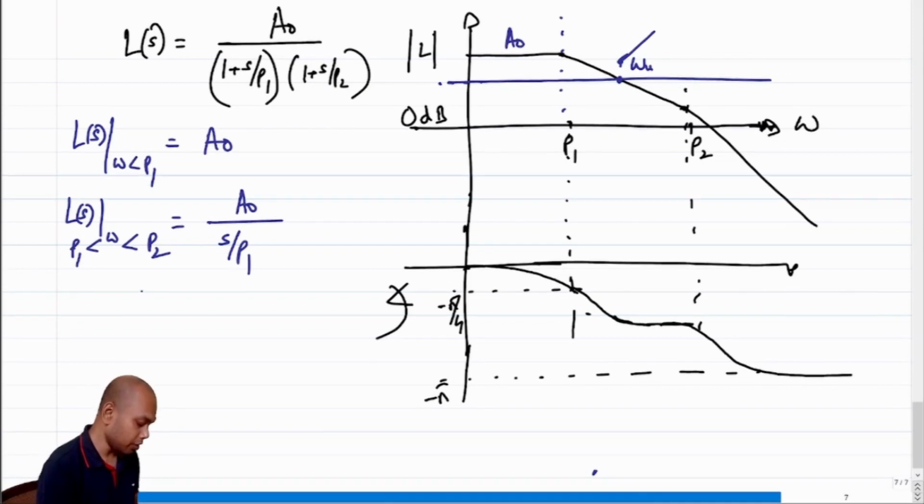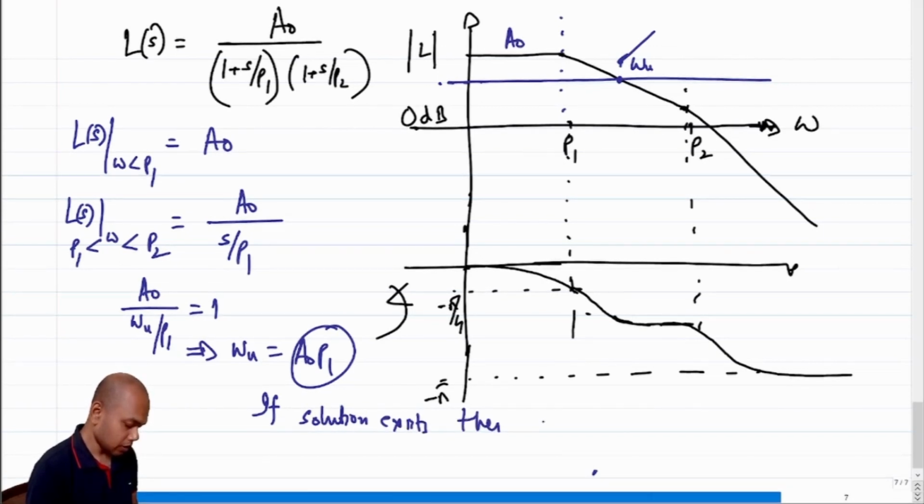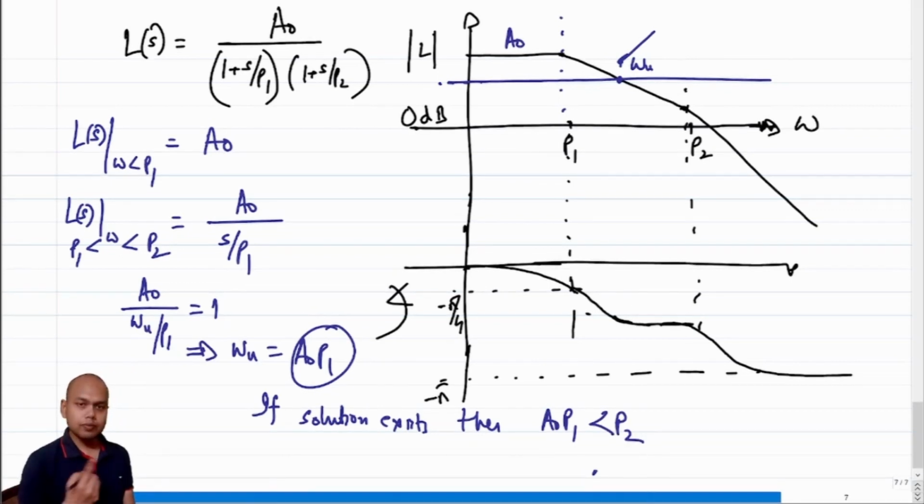I should be able to equate A naught by omega U by P1 to 1, and I should get a solution of this omega U which is equal to A naught P1, and if the solution exists, then A naught P1 will end up becoming less than P2, right?